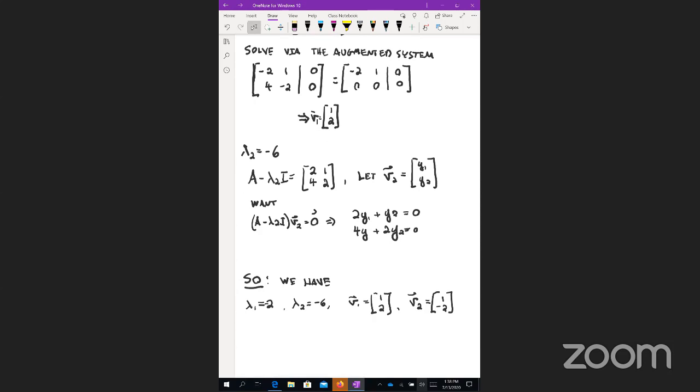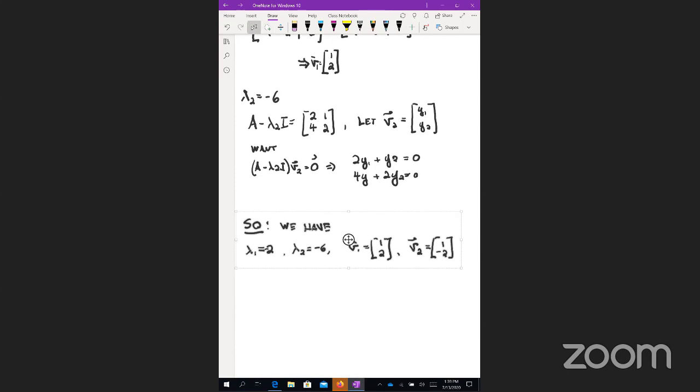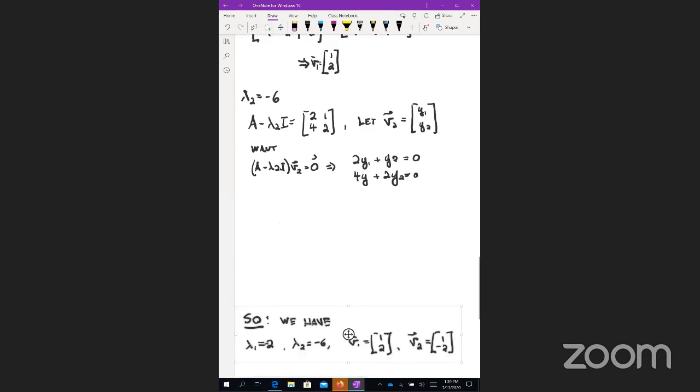And there's different ways that people have been taught to do this. They're basically all computationally equivalent. The way that I was taught to do it, and I think that they're still teaching this, at least in some places in the US, is through an augmented system. So what we do is we take this system here and we just write it as a big matrix with the equality sign coming in as a line.